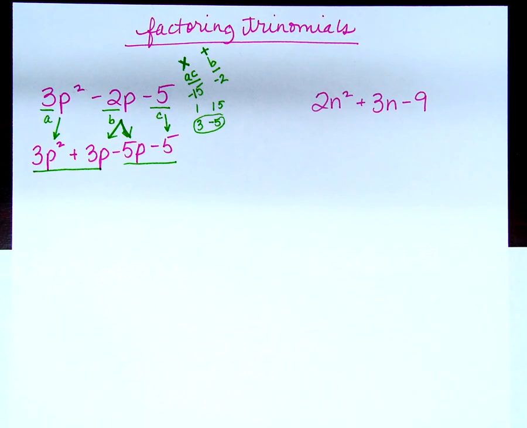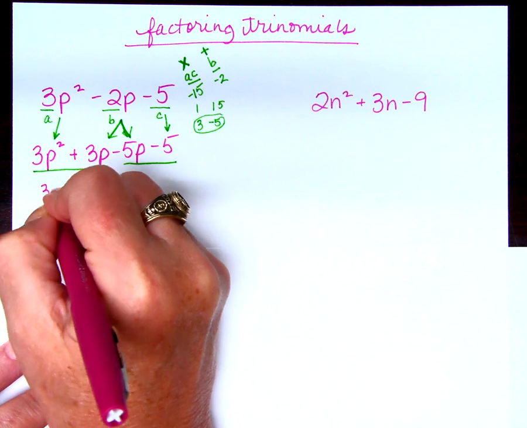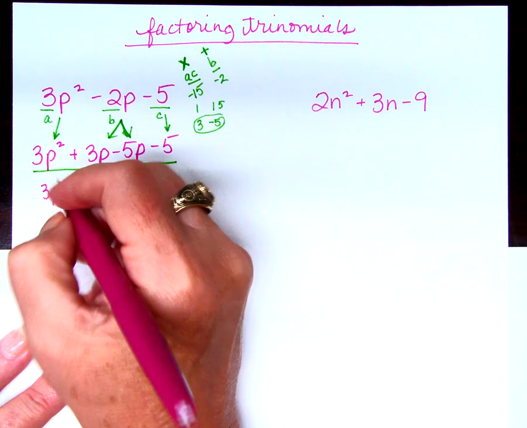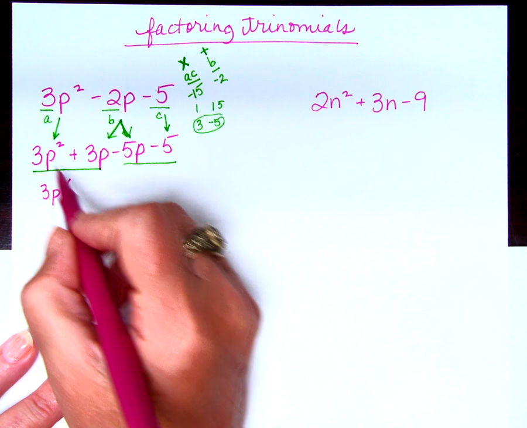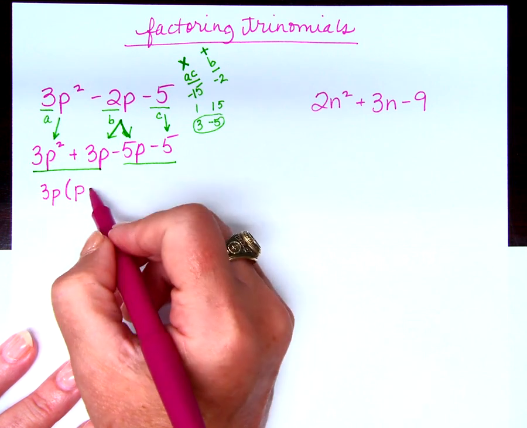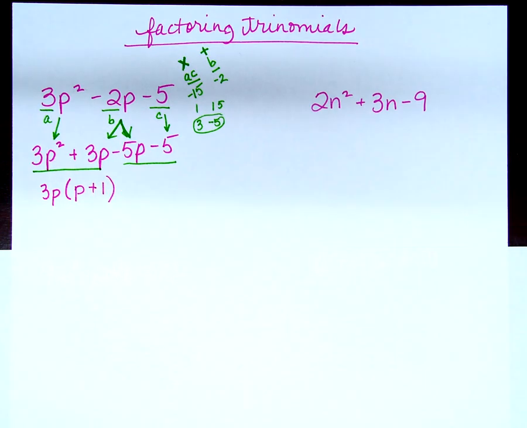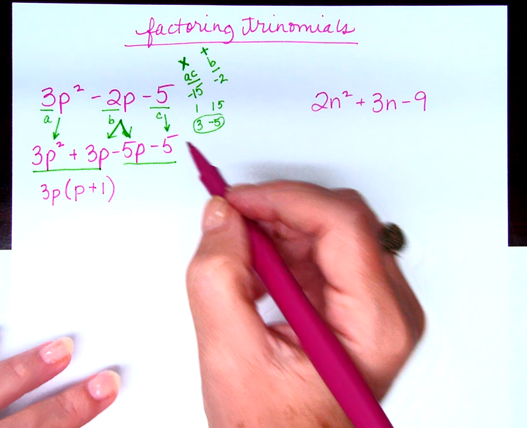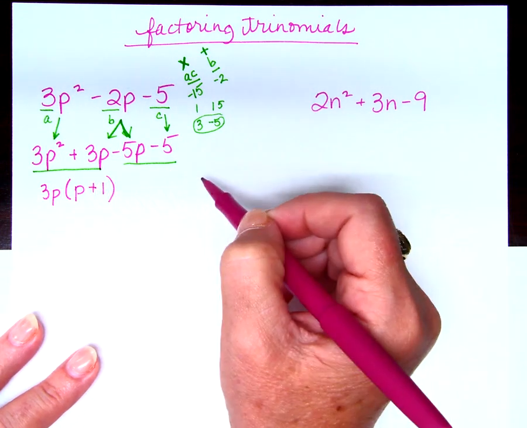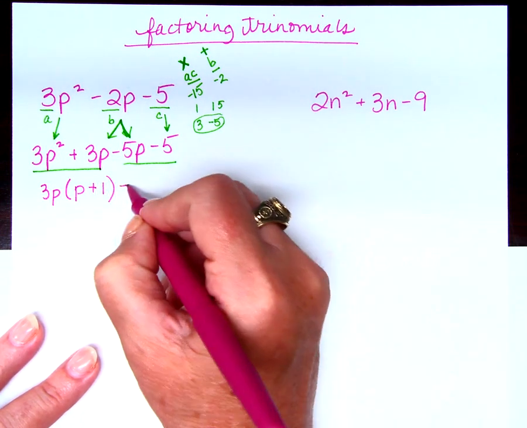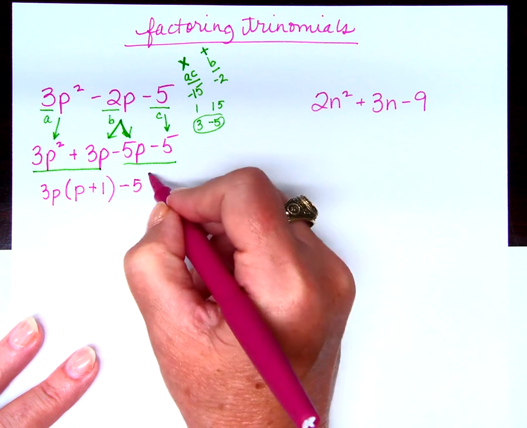Now look how many terms we have. 4. We can factor by grouping, can't we? What's common in the first 2 terms? 3p, right? What's left if I factor out a 3p? P plus 1. Very good. What's common in the second 2 terms, knowing that I have to have a parentheses that says p plus 1? A -5. Remember we did an example like that yesterday, right?